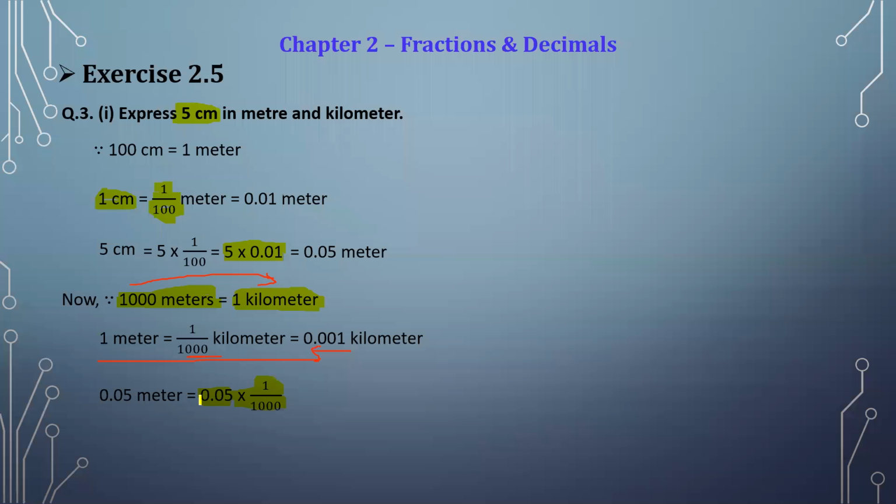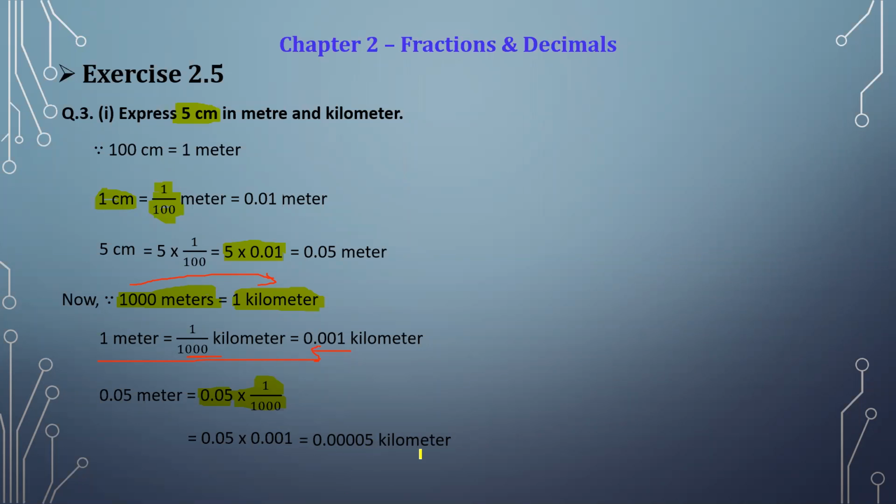So that's why we have to multiply by the value of 1 meter, which is 1 upon 1000 kilometer, or we can also put the value 0.001.